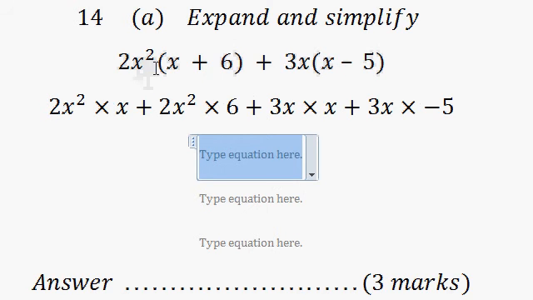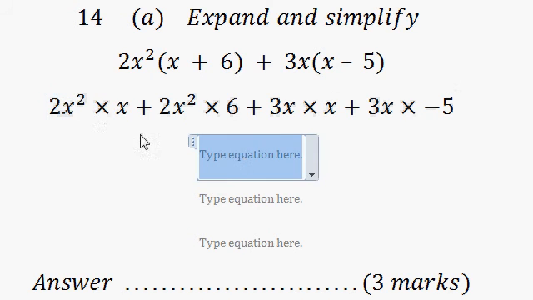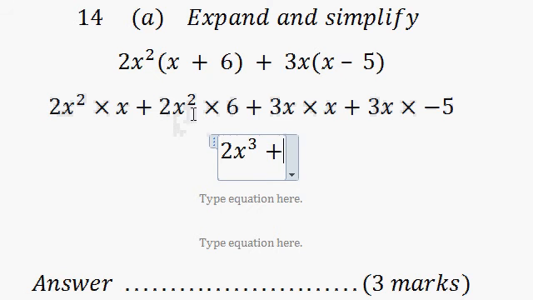So 2x squared times x, which I've written here, is equal to 2 times x squared times x. Well, x squared means x times x, so x times x times x is x cubed, or x to the power of 3, so we're multiplying 3 x's by each other. So 2x squared times x will be 2x cubed, or 2x to the power of 3, plus 2x squared times 6 is going to be 2 times x squared times 6.